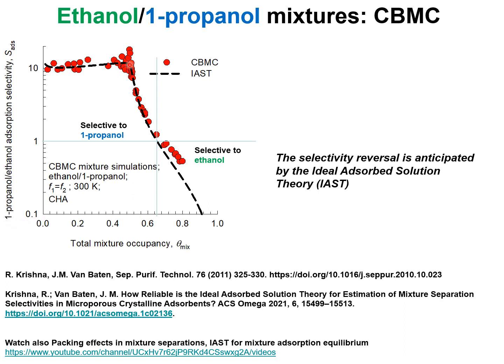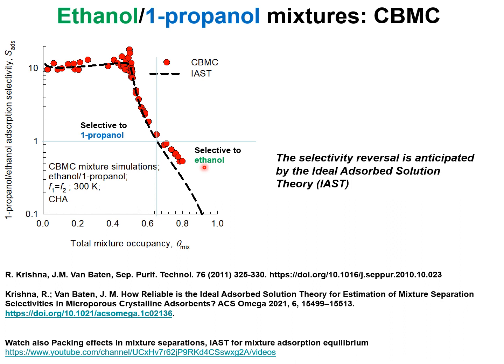When the pore occupancy increases beyond a value of 0.5, the adsorption selectivity gets increasingly in favor of the smaller ethanol molecule that has a higher saturation capacity, and at a pore occupancy of about 0.65, the adsorption selectivity undergoes a selectivity reversal, and for higher pore occupancies, the mixture adsorption equilibrium is in favor of the smaller guest, which is ethanol.